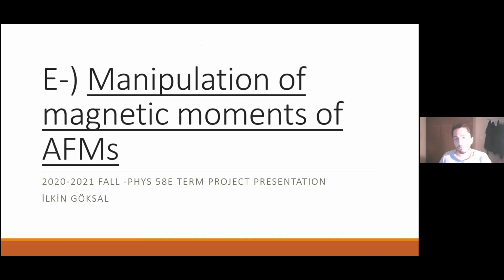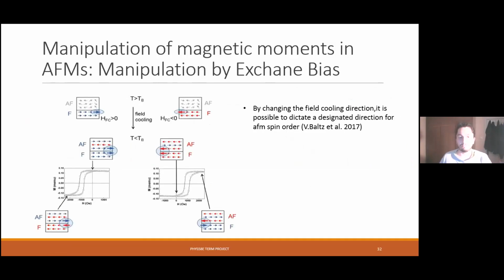So, the manipulation of magnetic moments of AFMs. As we talked about before, exchange bias is quite a good way to understand the AFM nature, and it's also a way to decide the interfacial moments of the AFM.